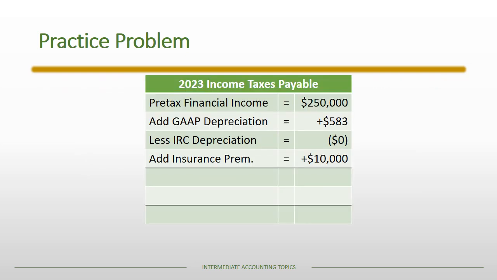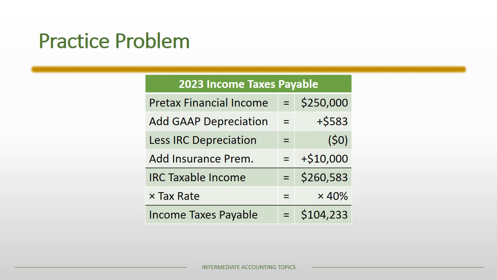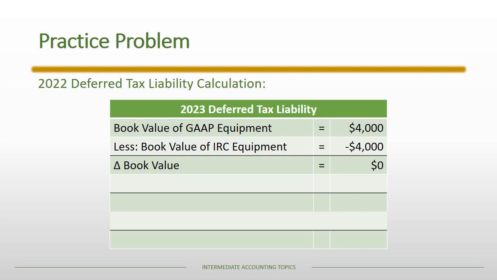For the final year, I moved forward very quickly. Again, we have the depreciation adjustment and the insurance premium adjustment, which gives us our taxable income. Apply the tax rate, we get our income taxes payable. And in this case, both assets are fully depreciated, whether under US GAAP or Internal Revenue Code, so there is no difference in book value.